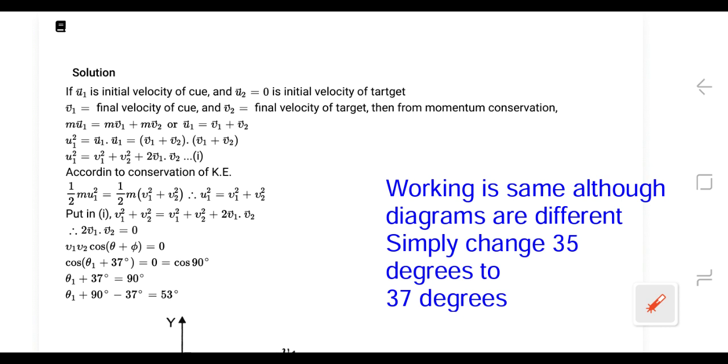So from our solution we can see that from momentum, mass times velocity initial of the cube, it was hit by initial velocity, and that initial velocity is not 0, but the initial velocity of the target is 0. That's what you must take into account.